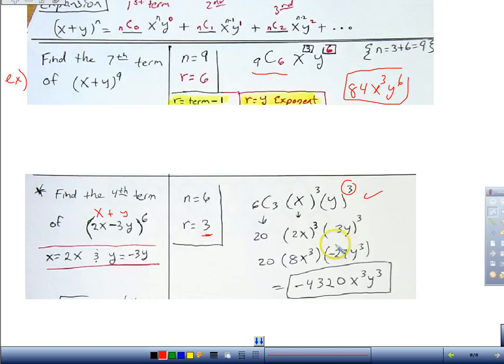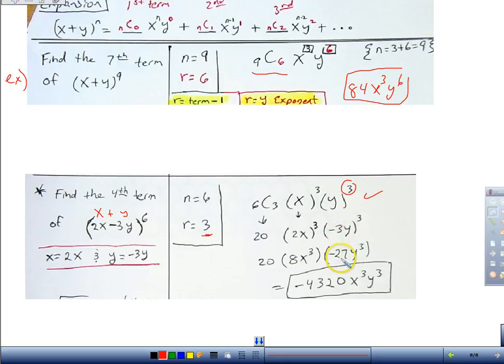Okay, so what I'm going to do is simplify this expression here. So 6 choose 3 is 20. You can get that using the calculator again. And 2x cubed is 8x cubed. Remember, the exponent applies to the 2 as well. And then negative 3 cubed is negative 27 y cubed.